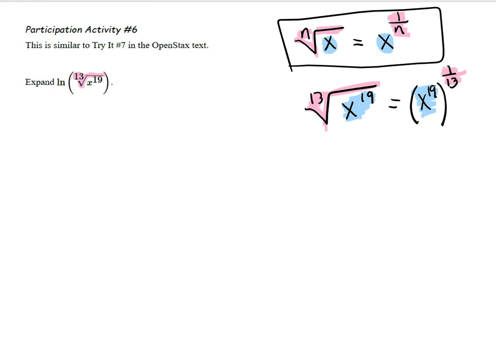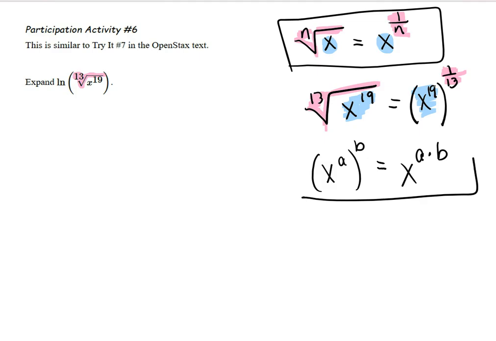But then I have a power raised to another power. That exponent rule says if you have x to the a raised to another power b, you have to take those two powers and multiply them together. So since I have this power of 19 and this power of 1/13, when you take 19 times 1/13, you get 19/13.